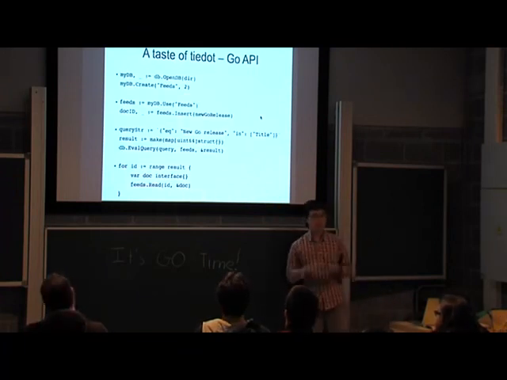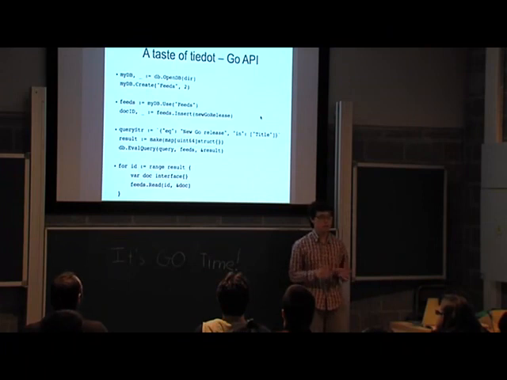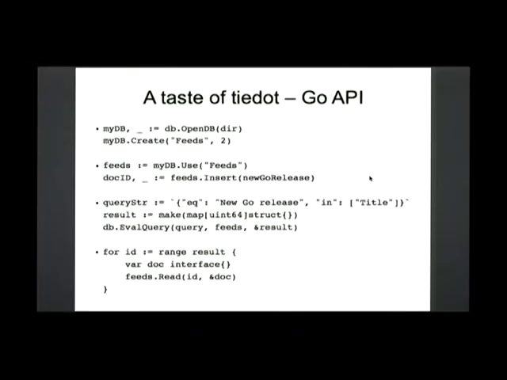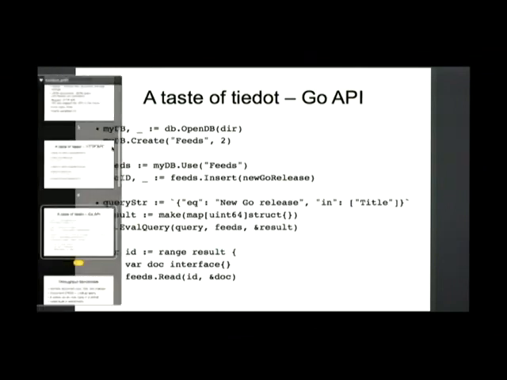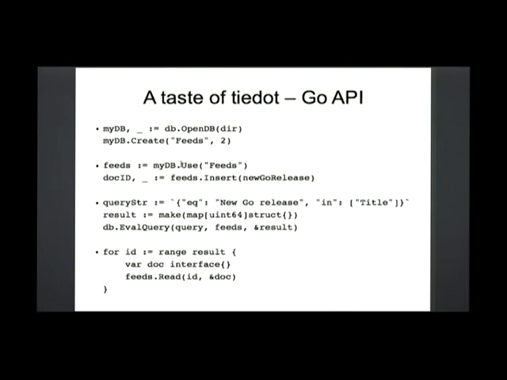The design also puts a lot of attention on embedded usage, so I was hoping to make the embedded usage simple as well. Open a database, create a database, and start using a collection. Insert something, and this has to be, at the moment, a map between string and interface, which is how JSON is serialized into a Golang structure.